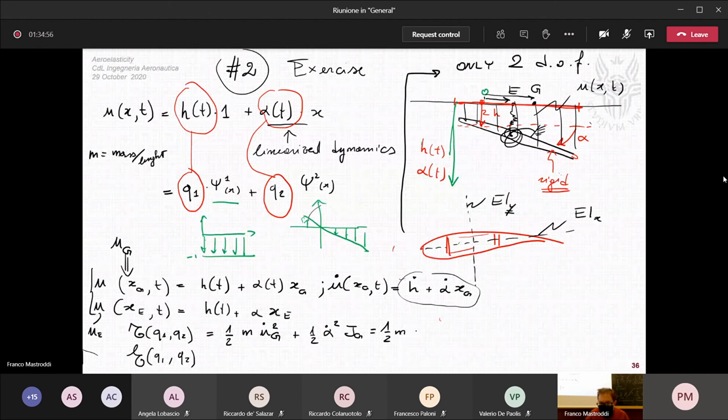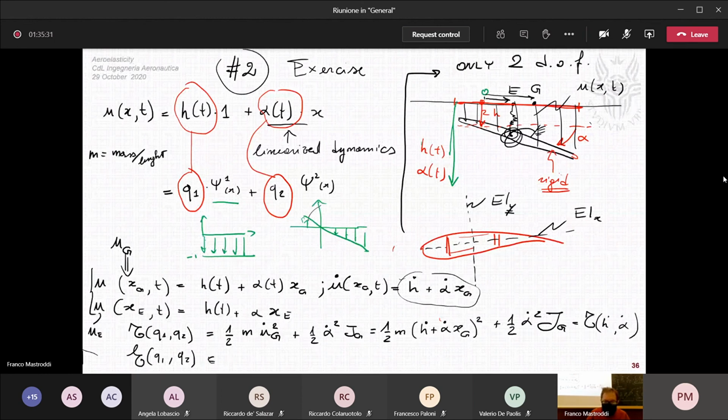And so we have 1/2 m (h dot plus alpha dot xG) to the power 2 plus 1/2 alpha dot to the power 2 JG. Okay, and so we have the kinetic energy as a function of h dot and alpha dot.